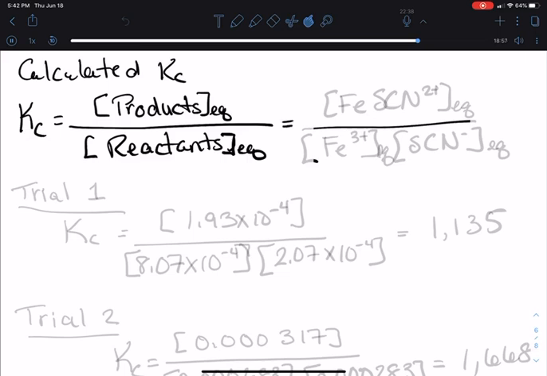So for our equation, that looks like your product, the iron thiocyanate, divided by the concentration of iron 3 in this case, multiplied by the concentration of thiocyanate.